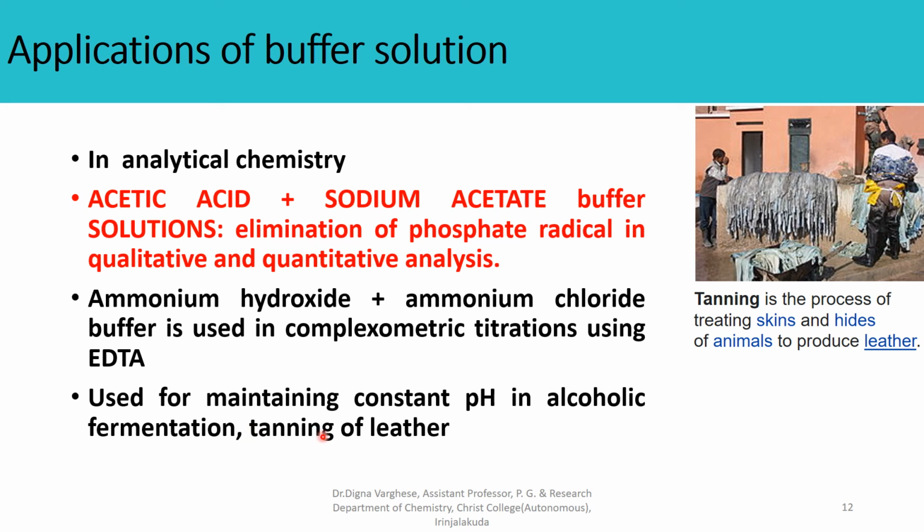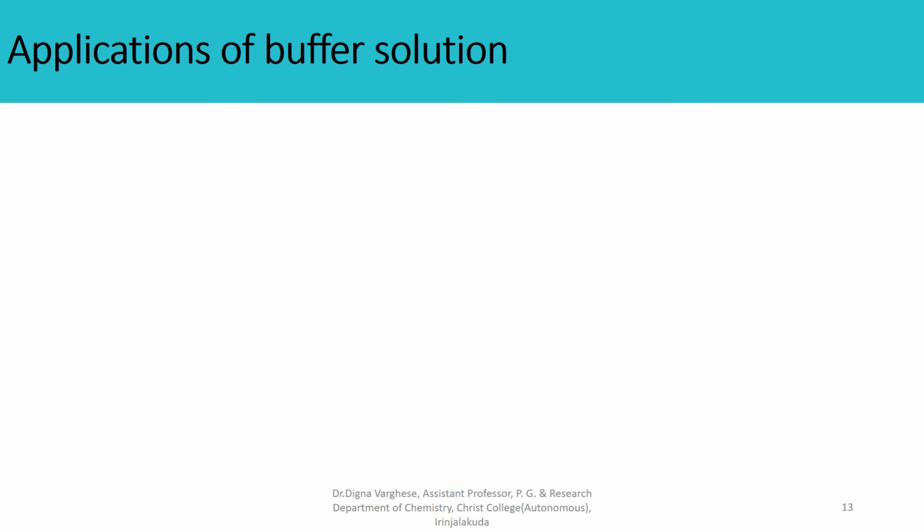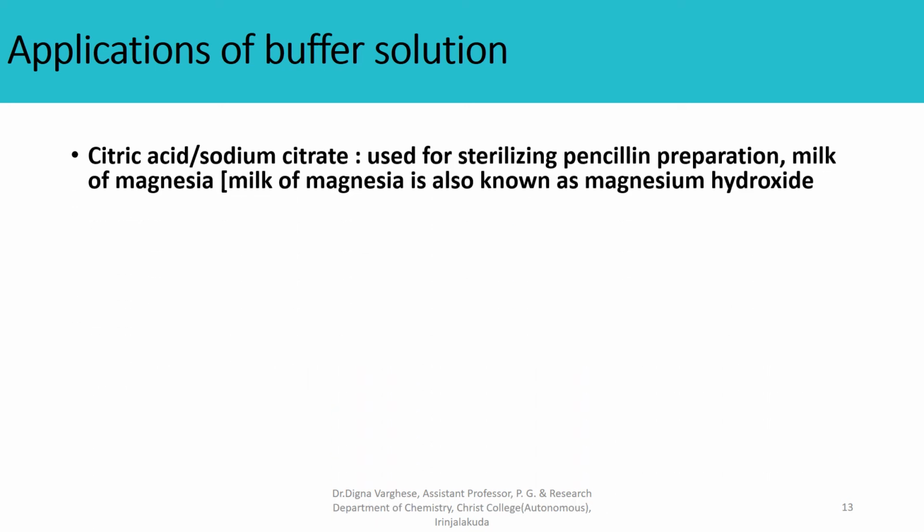Tanning of leather: tanning is the process of treating skins and hides of animals to produce leather. Citric acid or sodium citrate is used for sterilizing penicillin preparation. Milk of magnesia, also known as magnesium hydroxide.